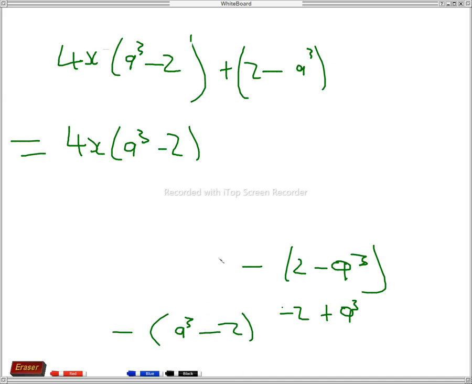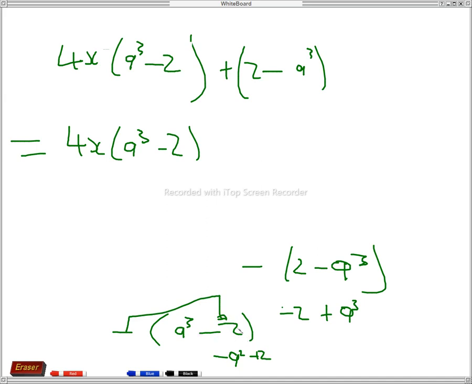I change the sign there, so that when I say negative multiplied by a cubed there, I'm going to have a negative a cubed, and when I say negative multiplied by these two, I'm going to have a positive 2. Am I doing this correct, or am I doing this wrong?